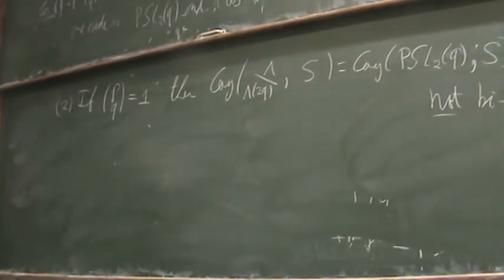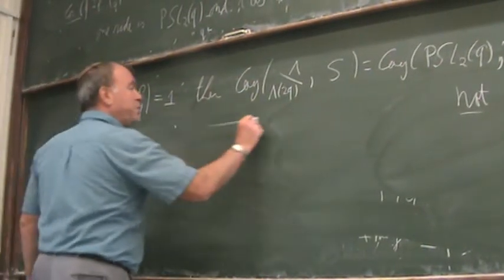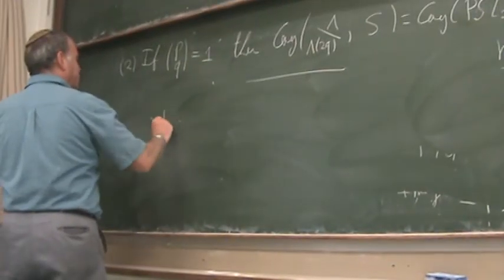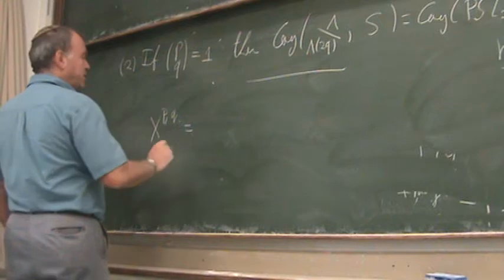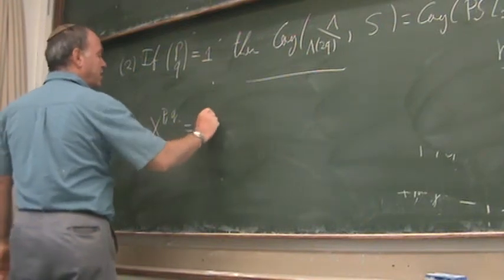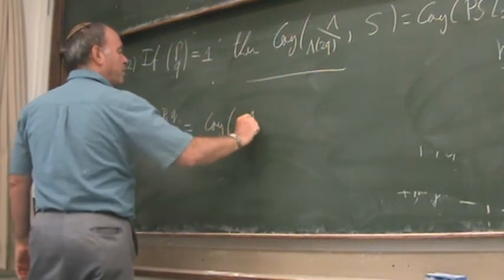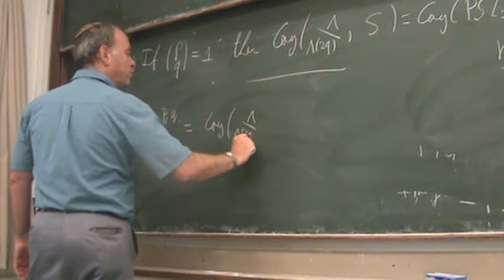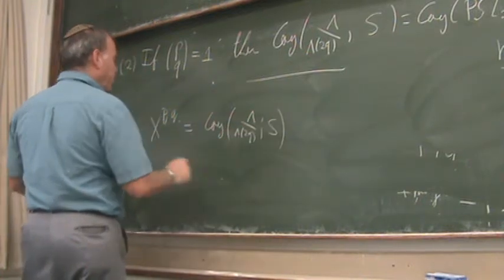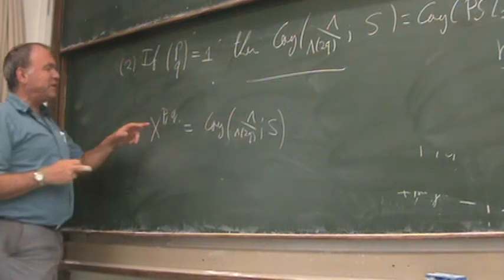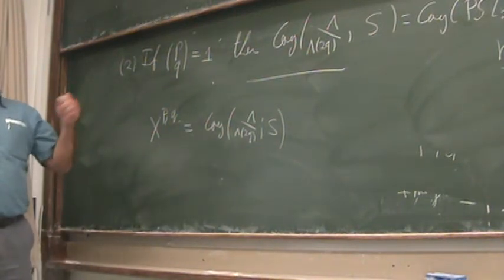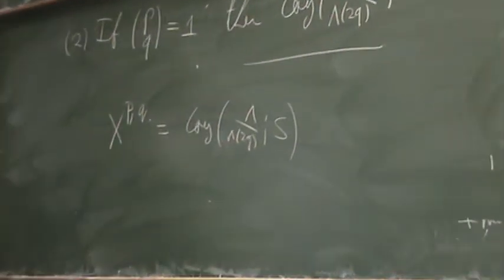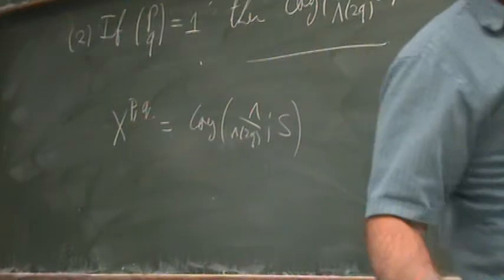Now, for the rest of the time, let's denote XPQ, which became a standard notation, this Cayley graph of PGL2Q with respect to this S, and we have to remember that it's sometimes the group PGL2, sometimes PSL2, depending on whether P is a quadratic residue mod Q or not.